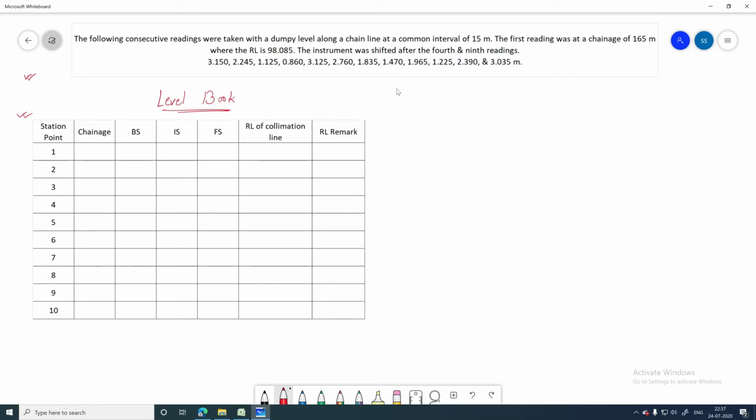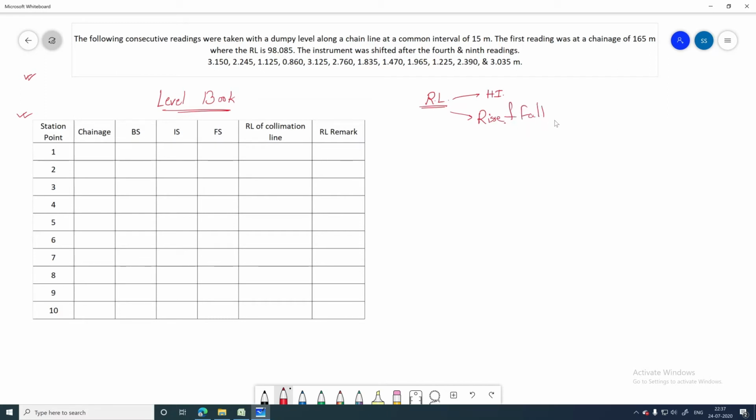In this type of problem we need to determine the value of the RL. RL is very important, because if you can determine the RL of a point, you can make that point a temporary benchmark for your construction purposes. To determine the RL, there are two methods: one is the height of instrument method, and the second is the rise and fall method.